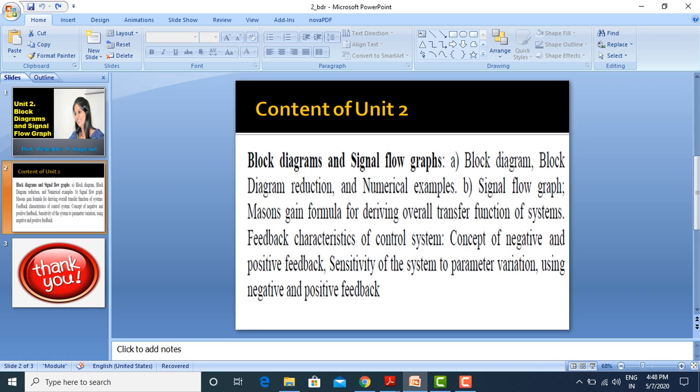We have discussed this in detail, Mason's gain formula, it is a very important topic. Then feedback characteristics of control system, we have discussed this in unit 1 and in this lecture also. Concept of negative and positive feedback, we have discussed this. Sensitivity to the parameter variation, we have discussed that using negative and positive feedback. We have discussed 4 effects.